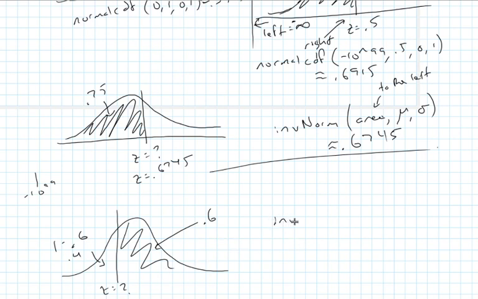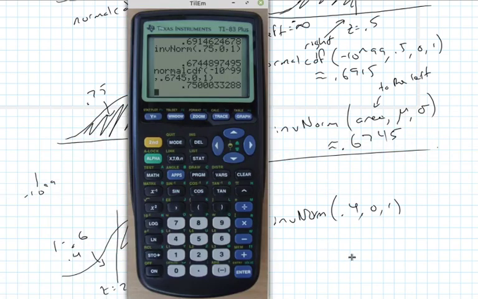And then I'll do inverse norm of 0.4, and that would give me negative 0.2533.